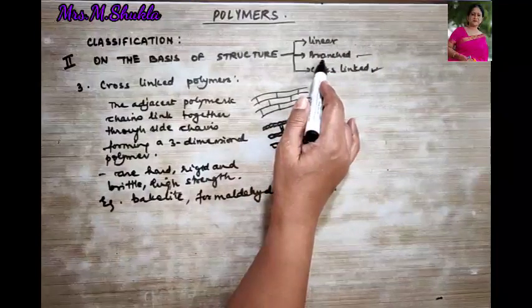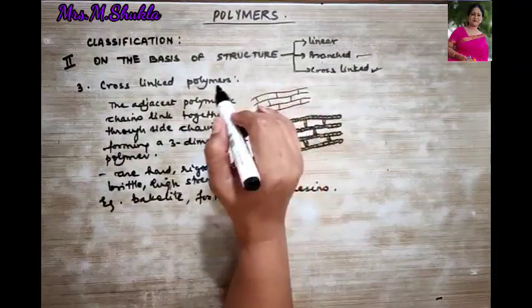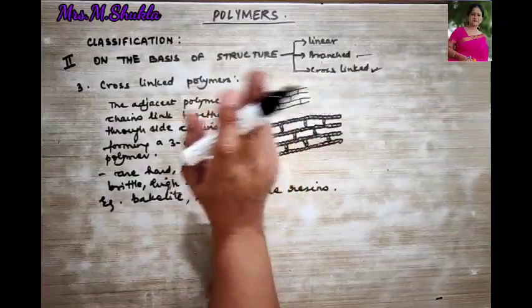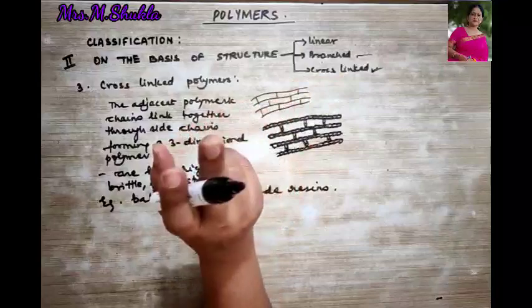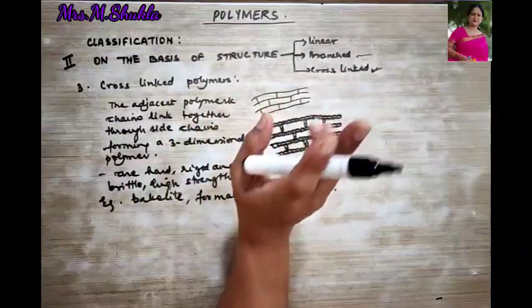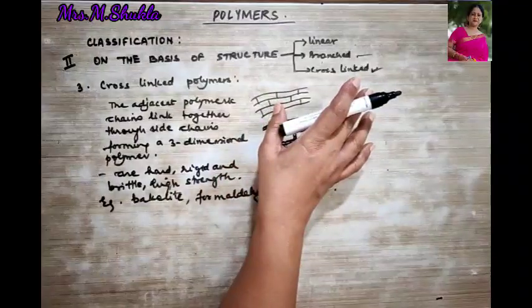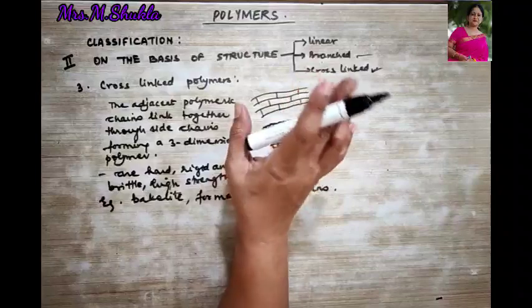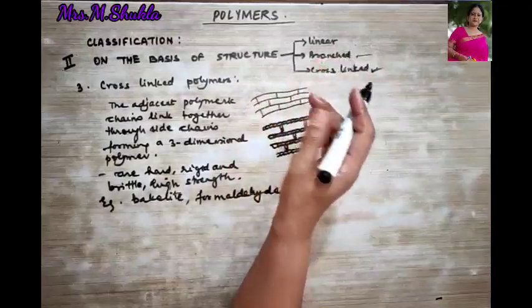Whereas the branched one, what did we study there? It consists of side chains that were attached to the main chain. They were not packed in the compact form, and because there was no link, therefore repulsion also took place. It was of low density, low tensile strength, but it had high volume, right?